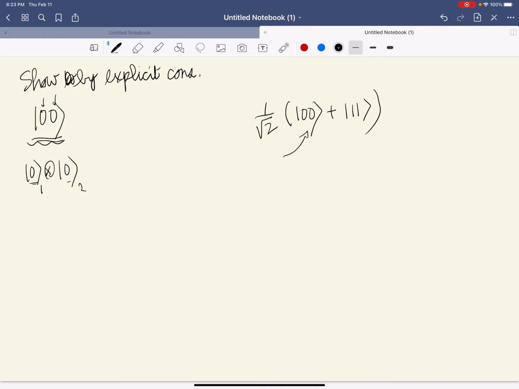Again, 0, 0 means that the first qubit is in a state of 0, and 1, 1 means that both the first qubit and the second qubit are in a state of 1. Okay, so I can easily convince myself and convince you that this indeed represents an entangled state.